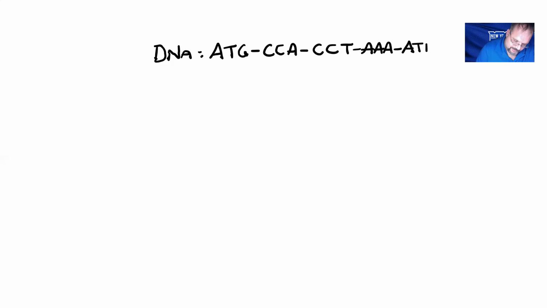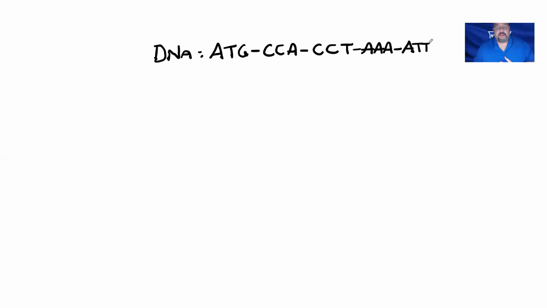So DNA is going to contain A, T, G. Then we've got C, C, A. Then we've got C, C, T. Then we've got A, A, A. And then we've got A, T, T. All right, that's better.